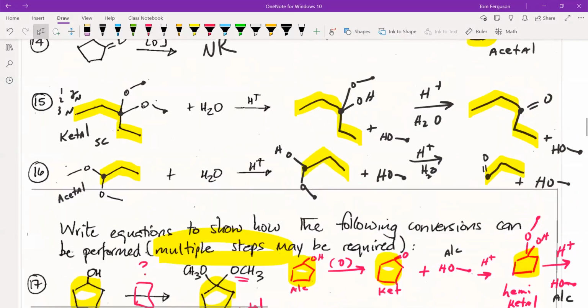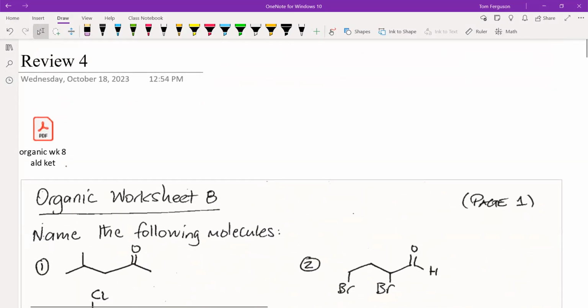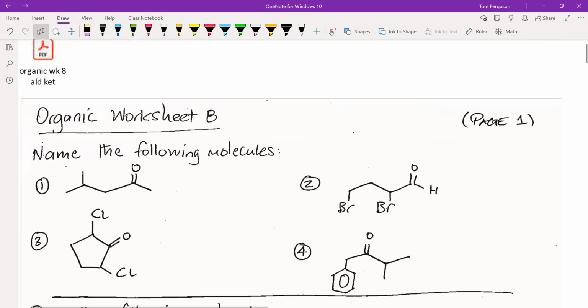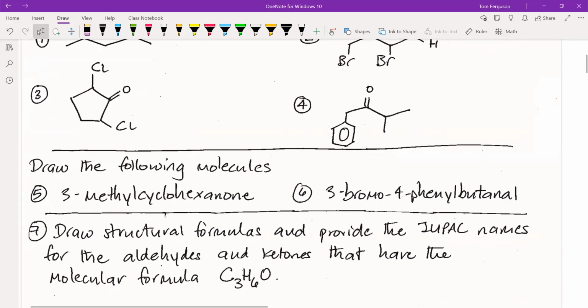Okay, so that's a review of some aldehydes and ketones reactions. Unit 2 type aldehyde ketones.